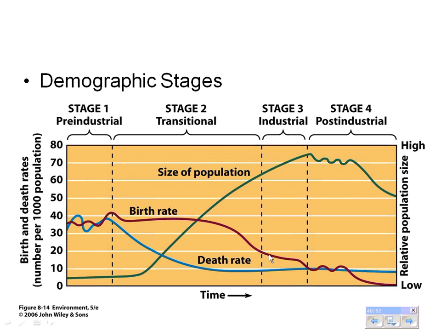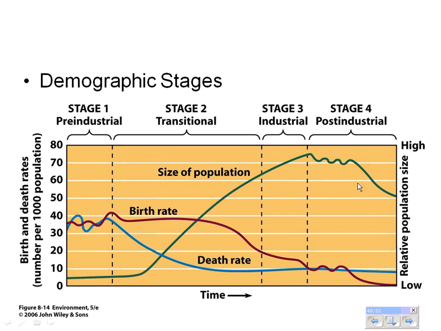We're seeing people move to urbanized areas. Women are now being educated, so they're looking for jobs, and so they're going to have less kids. Some examples of countries in stage 3: India, Mexico, South Africa.